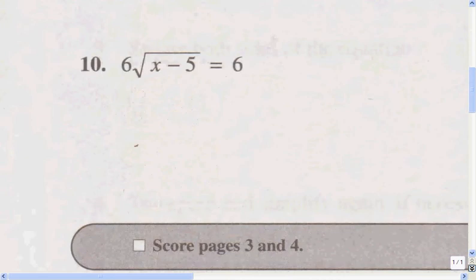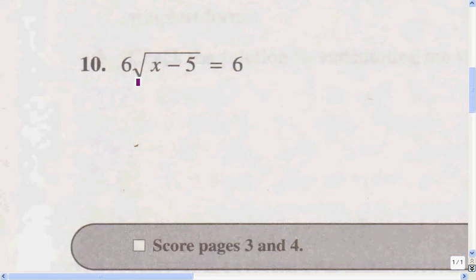In this problem, the radical is not by itself. It's not isolated yet, so I've got to isolate it. I've got to get it by itself. I've got to get rid of this 6 to do that. This means 6 times the square root of x minus 5.